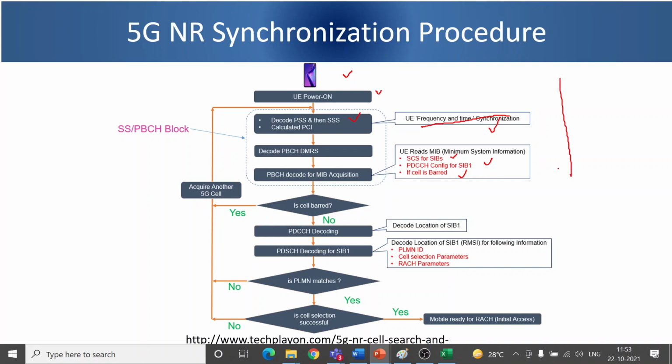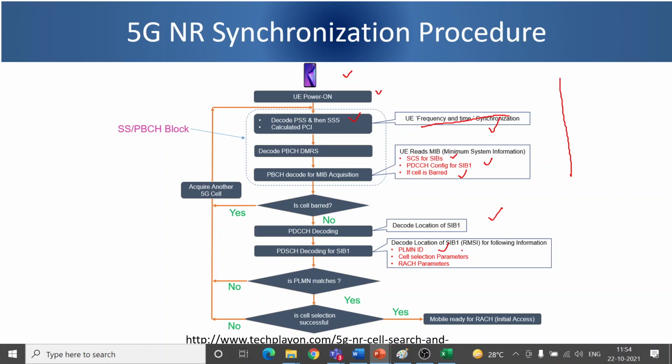Once it is able to decode the PBCH, it decodes the control channels, and with these control channels it will be able to decode the shared channel. On the downlink side, it will receive certain data from the gNodeB, which will give it the PLMN ID. Up to this step, you do not know which operator you are latching on to, right?